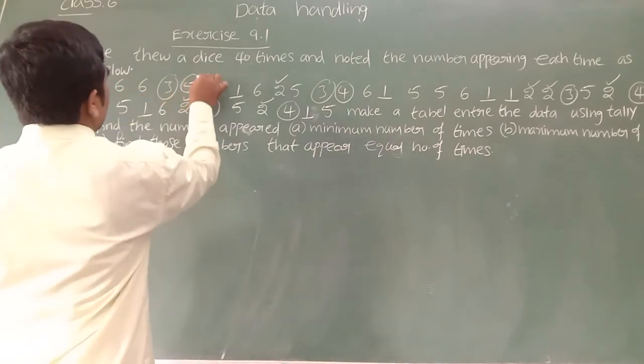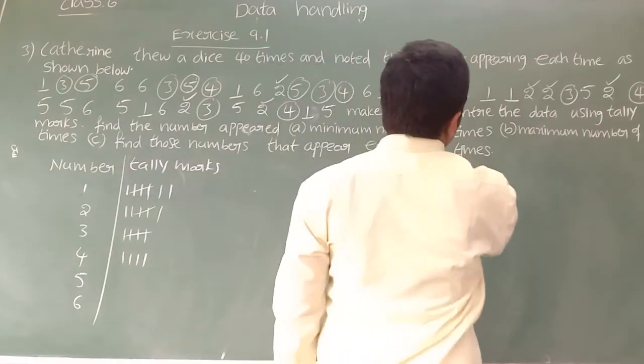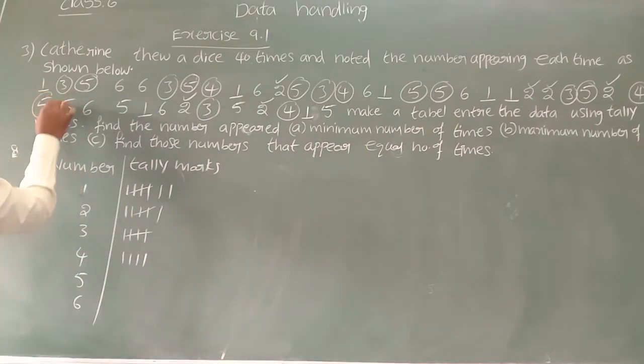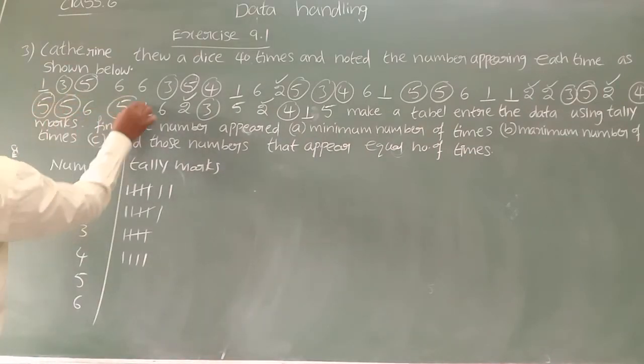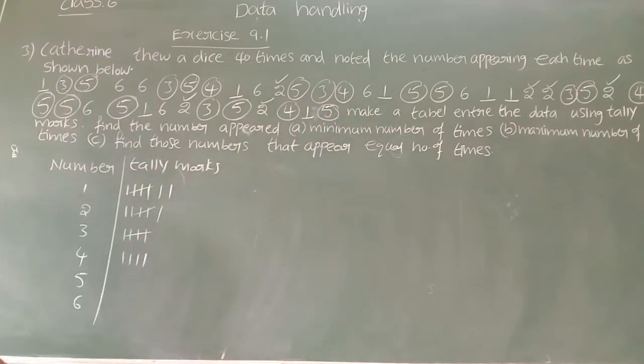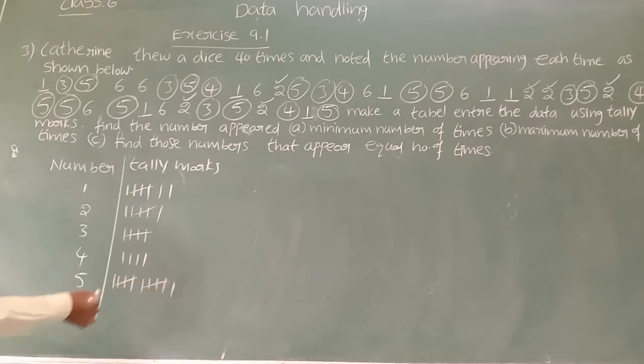1, 2, 3, 4, 5, 6, 7, 8, 9, 10, 11. So 5 repeated 11 times. Every 4 vertical lines, the 5th one is a cross line.